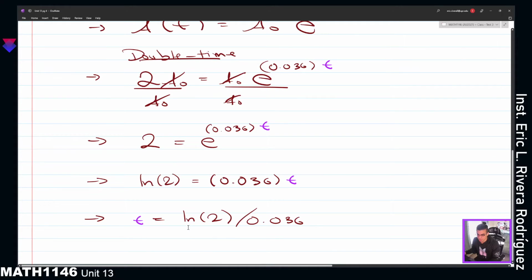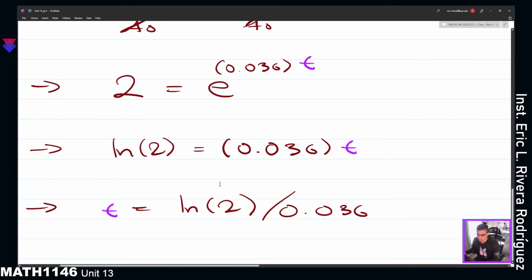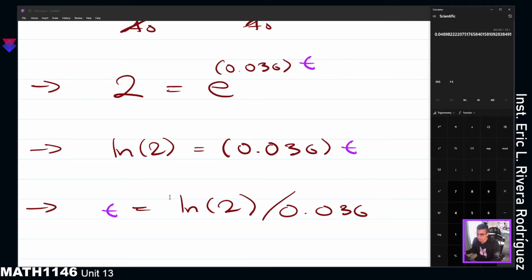Again, the problem is how to enter this into our calculator. So I will do that. Natural log of 2, all that divided by 0.036.